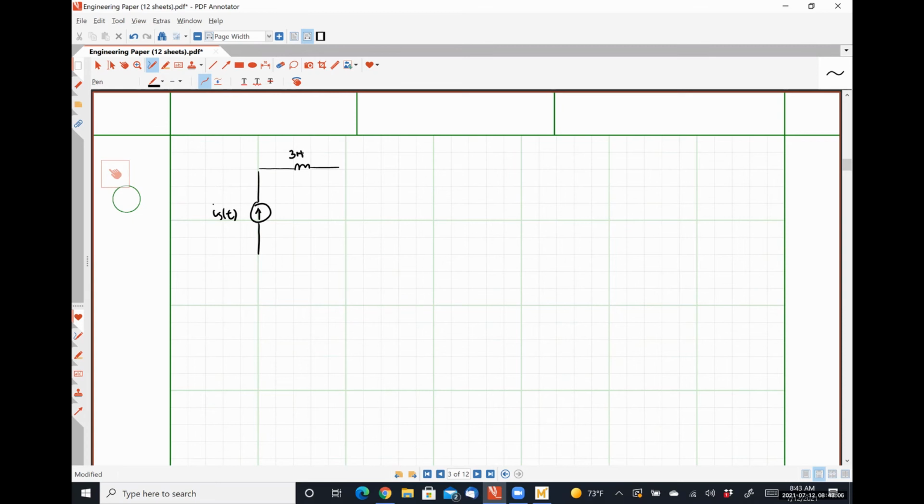So, this is 3 Henries. Let's make this 10 ohms, and let's make this 1/2 of a farad.